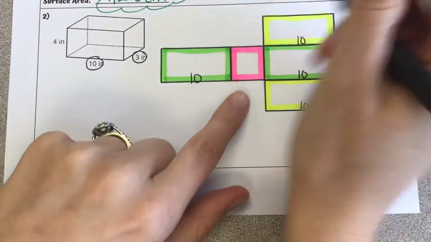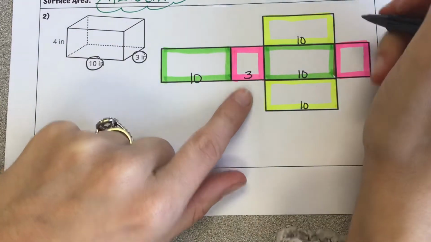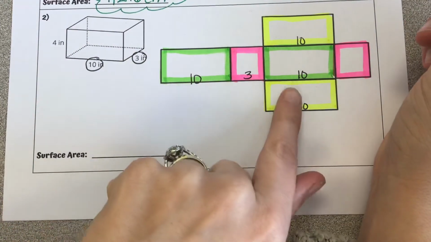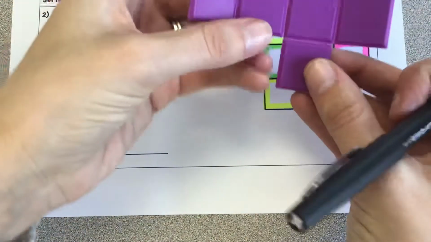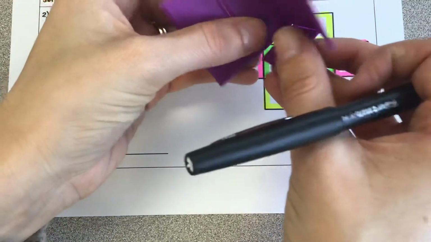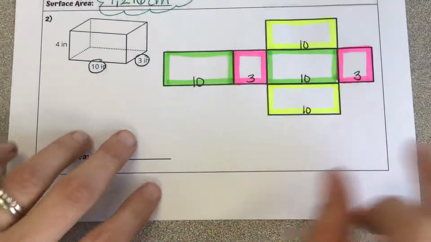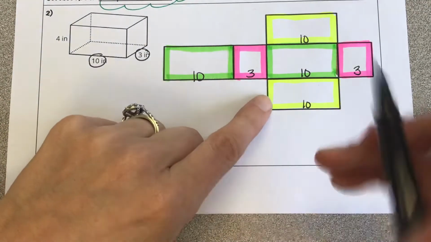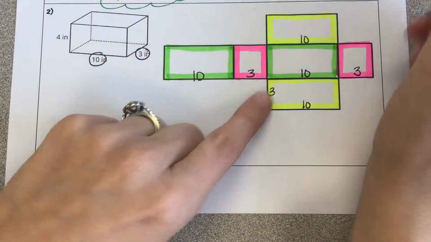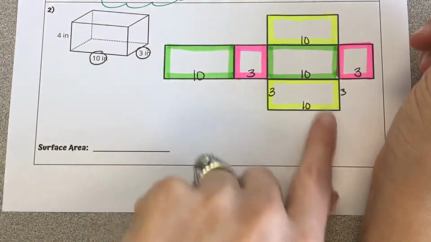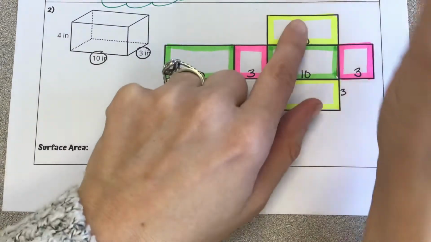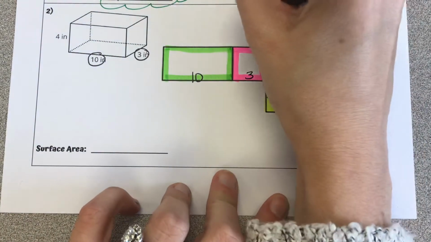So it goes 10 and then 3, 10, 3, 10, 3. And like we talked about, these two sides right here fold up into each other. They equal each other. So these two sides should be equal. So this should be 3, which means that should be 3.